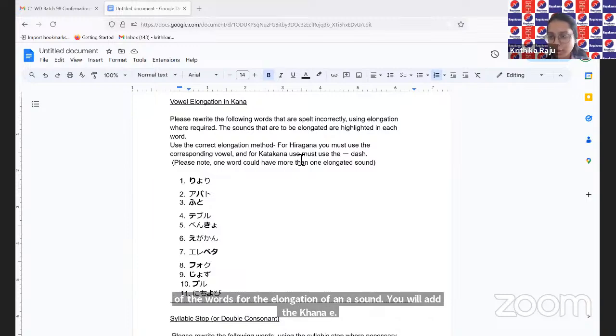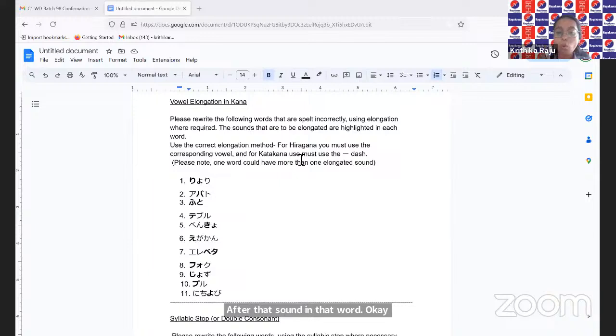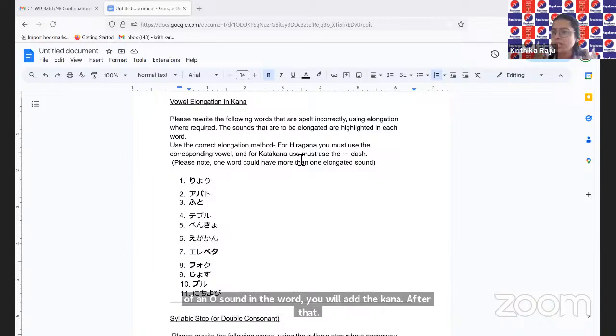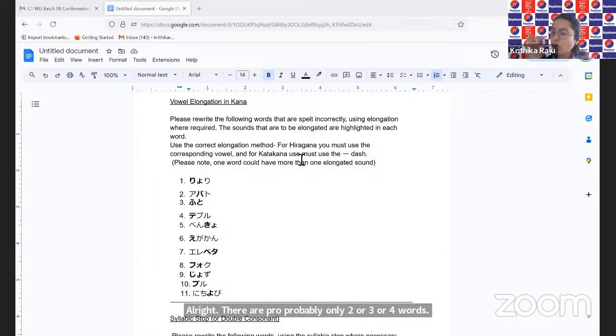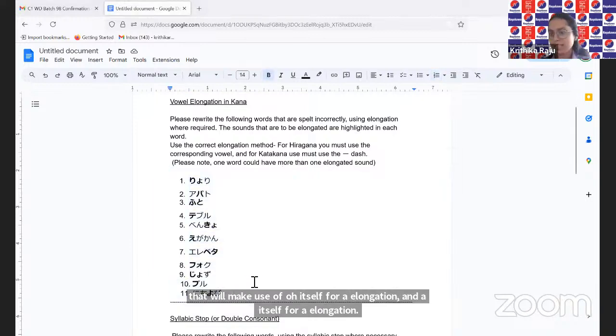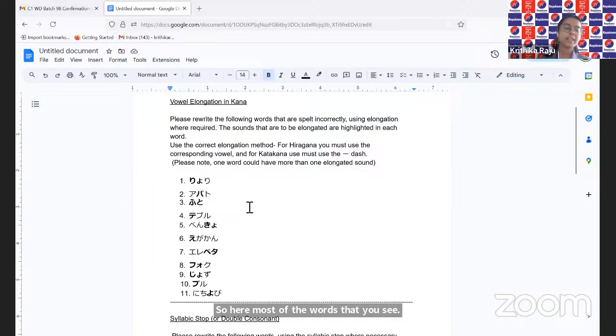For the elongation of an O sound, you will add the kana U after that. There are probably only 2 or 3 or 4 words that will make use of O itself for O elongation and A itself for A elongation. So most of the words that you see are like that, and I just wanted to clarify that.